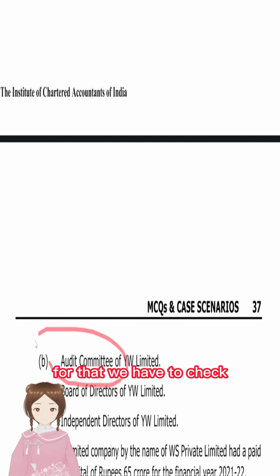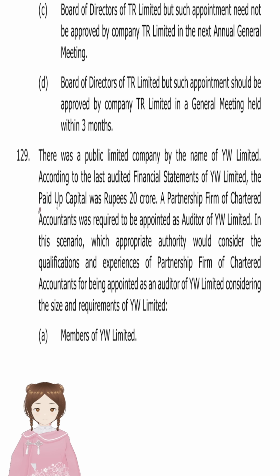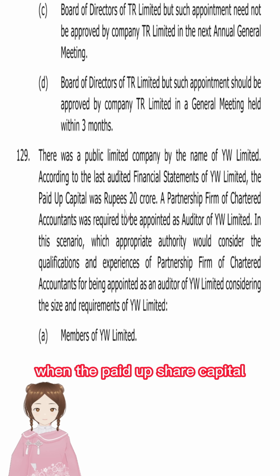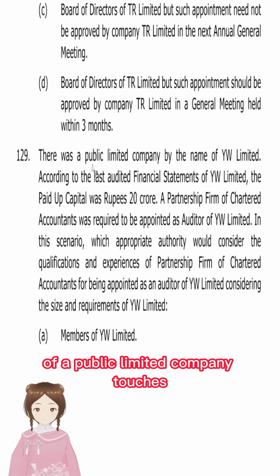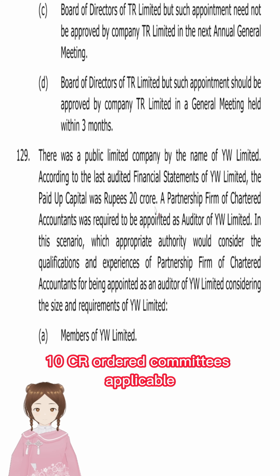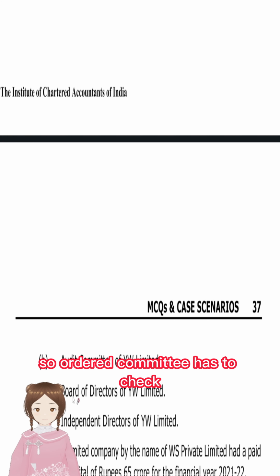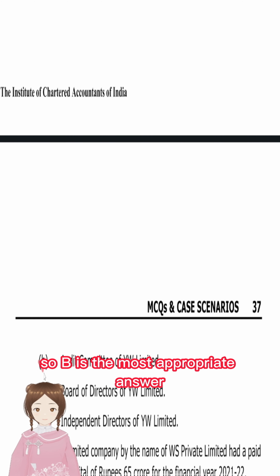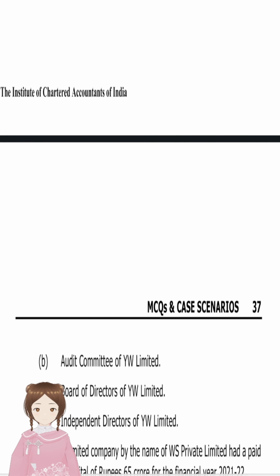For that, we have to check the applicability of the audit committee. Why have they given paid up share capital here? When the paid up share capital of a public limited company touches 10 CR, an audit committee is applicable. So the audit committee has to check the qualifications and experience of the auditor. So B is the most appropriate answer.